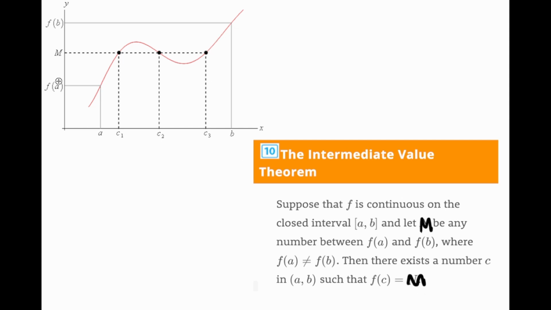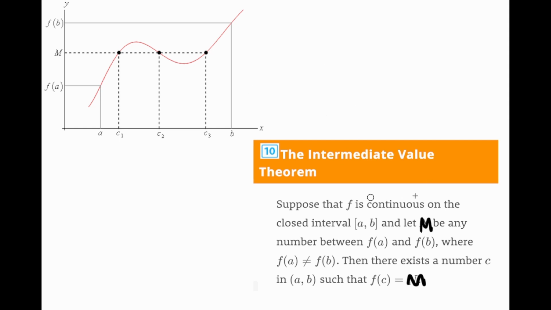So basically, there will be values in between these two points, and it will take on all values. It's saying it's going to be continuous on this given interval. So that's all it is for the intermediate value theorem.